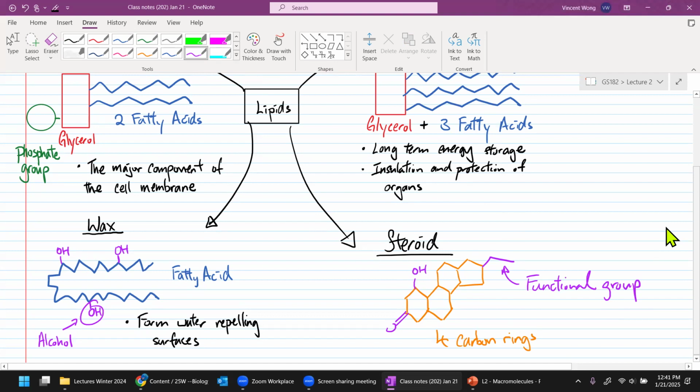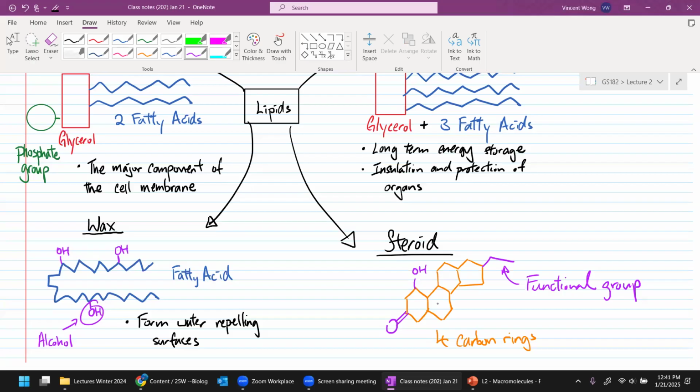It turns out if you attach, I realize it doesn't look too clear here, this is like an oxygen right here, then it makes it into something called ketone. Okay, it doesn't really matter. The key thing to know is depending on what kind of functional group you attach to the carbon ring, it is going to give it unique property.